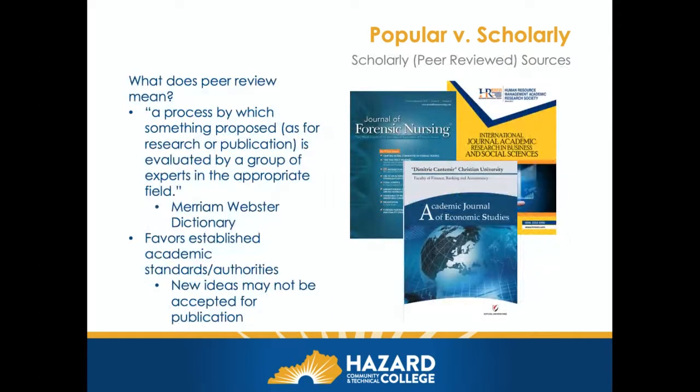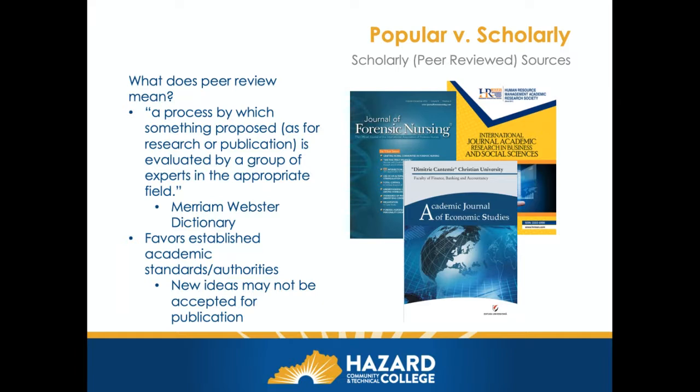So getting into the scholarly side of sources, the peer review. So the peer review process. This is by which something proposed for research or publication is evaluated by a group of experts in the appropriate field. The peer review process has to be done before they will publish research in these journals, in these academic type publications.